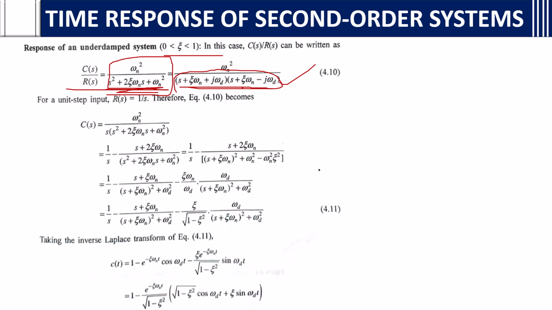For a unit step, R of s is 1 by s. So in place of R of s, if you put 1 by s, you get 1 by s into omega n square over this equation.